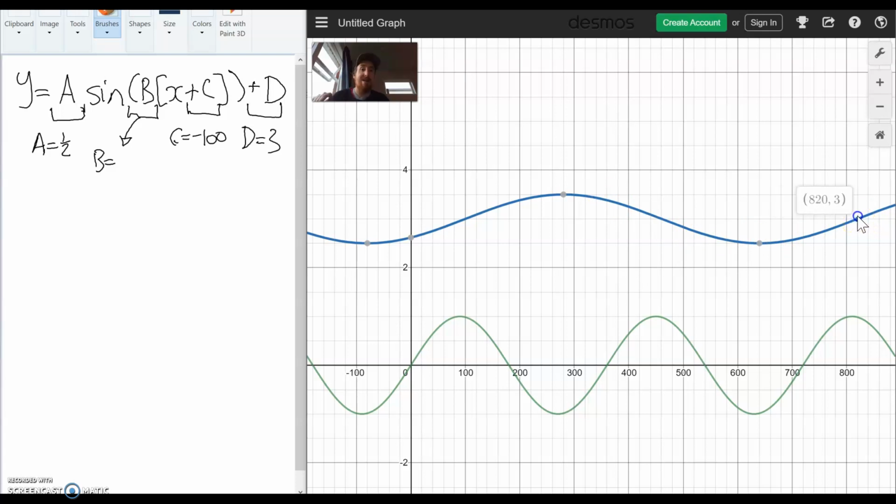So it looks like it's actually taken 720 degrees to do that full cycle. So that means we've got half our cycle within 360 degrees. So that means our B value is actually going to be a half. So we've only got the up part of our cycle. So that's going to be a half. So I've got that in there.